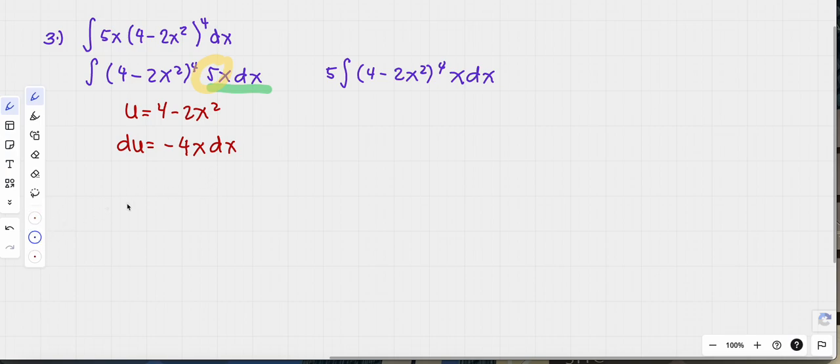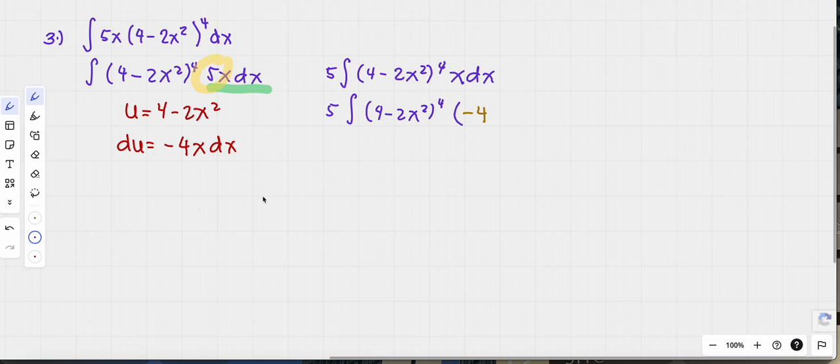So that will be 5 times, so copy the rest first. And then this portion here, let's try to change. Okay, let's have negative 4, so that we can get du.